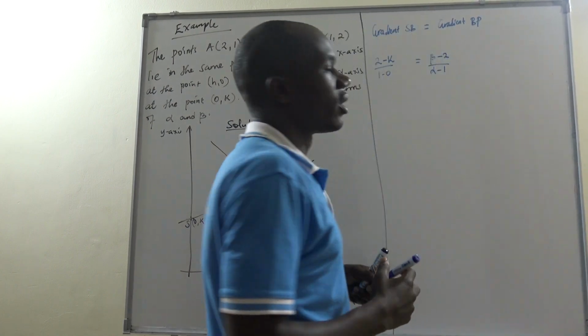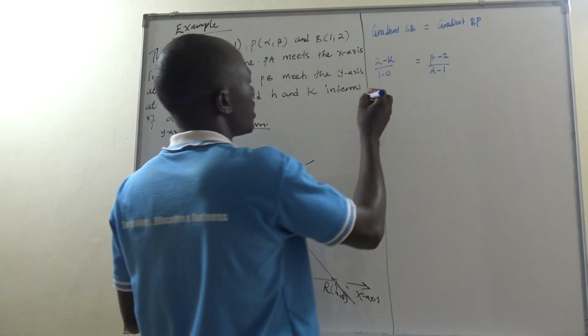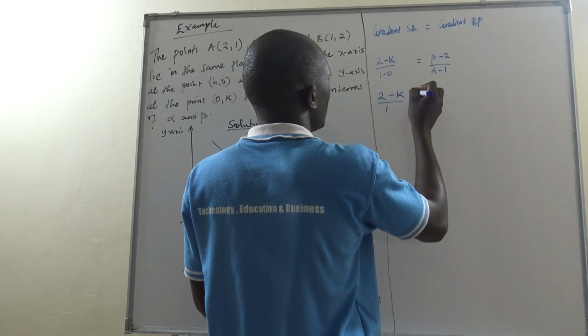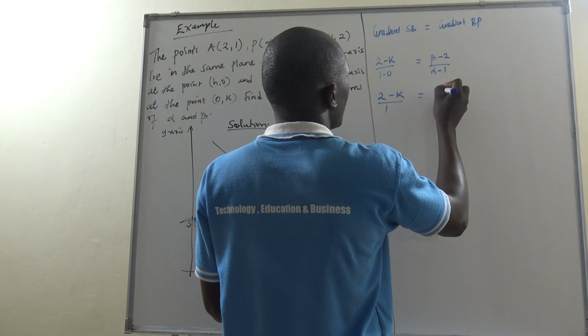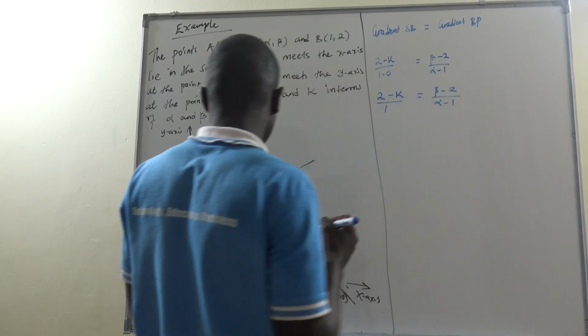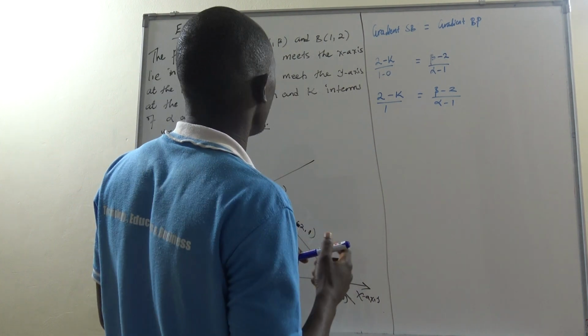So we cross multiply: 2 minus k over 1 equals beta minus 2 over alpha minus 1.